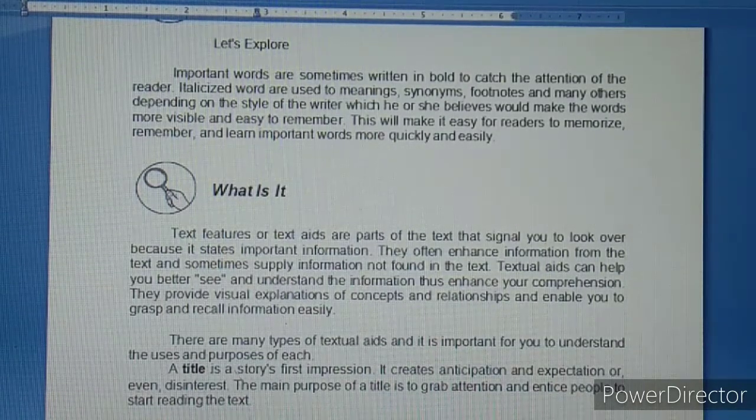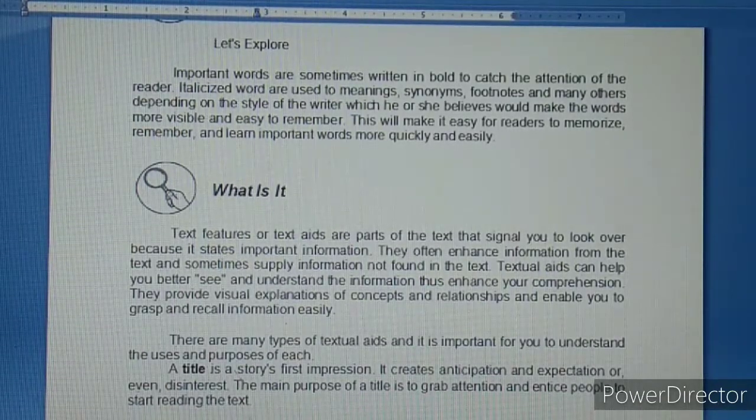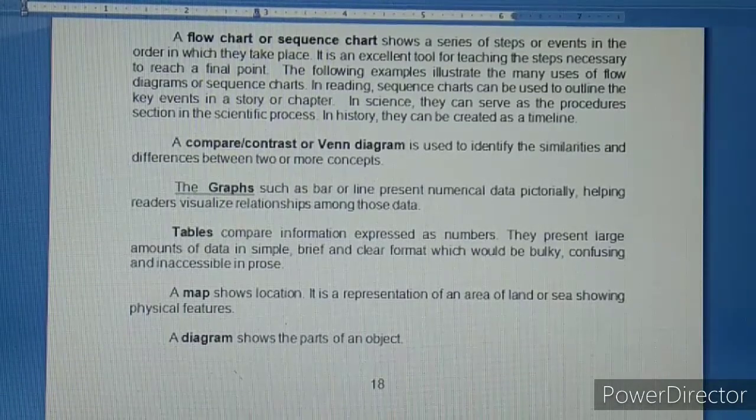There are many types of textual aids, and it is important for you to understand the uses and purposes of each. A title is a story's first impression. It creates anticipation and expectation, or even disinterest. The main purpose of a title is to grab attention and entice people to start reading the text. Next, a flow chart or sequence shows a series of steps or events in the order in which they take place.